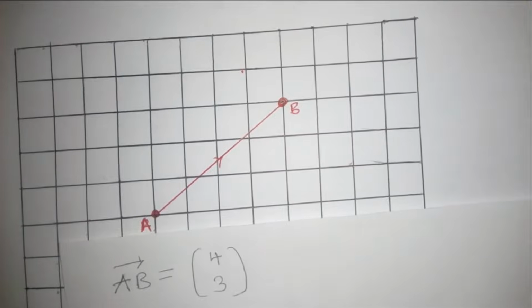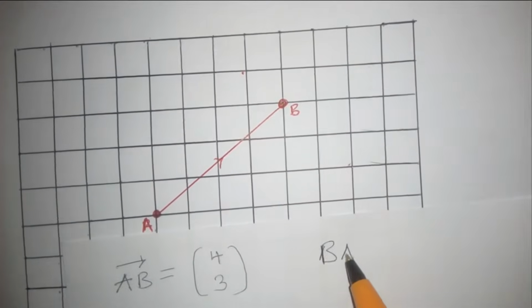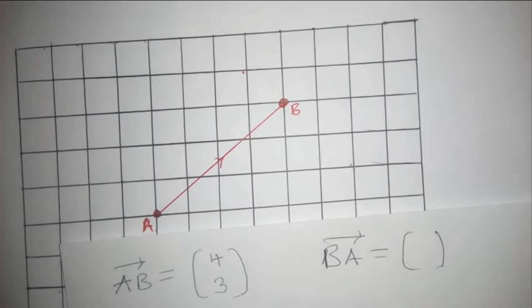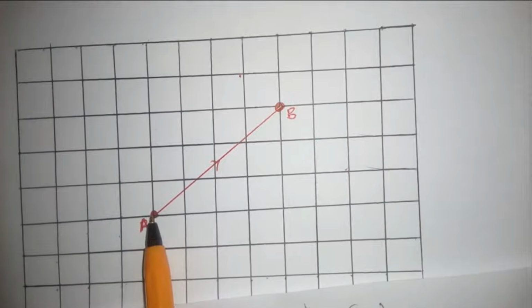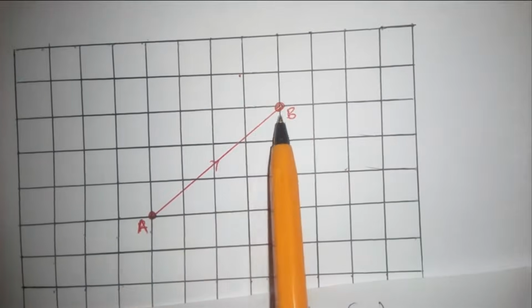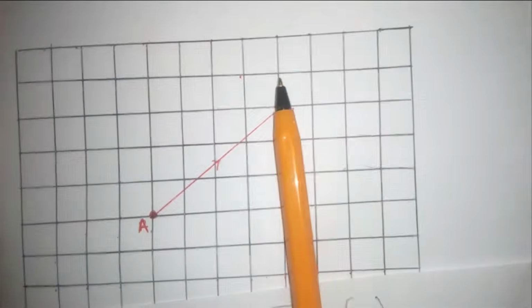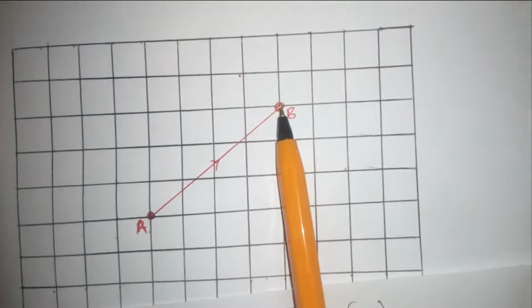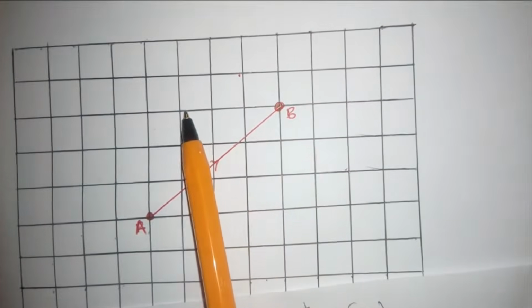What if we change this same vector? They want us to find vector BA. So what happens in this case? Instead of starting from A, you start from B. So how do you move? You move from this, go this way, and then come down. So from B, you count 0, 1, 2, 3, 4.